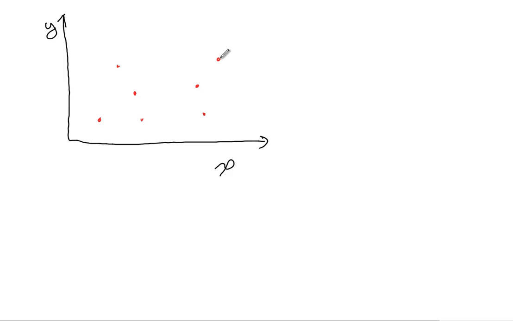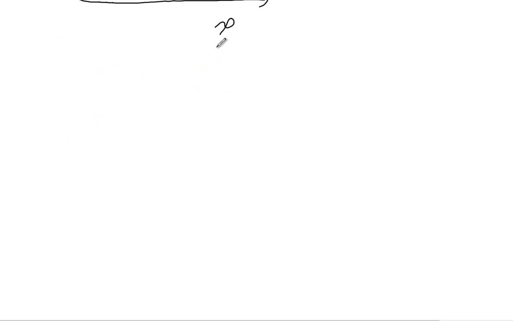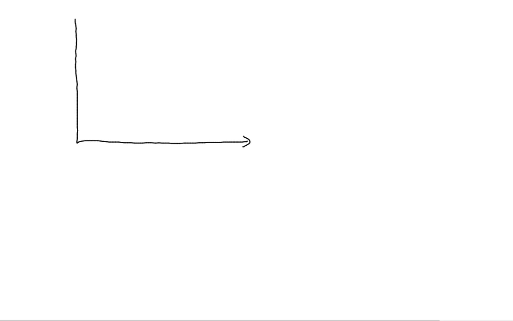Now each scatter plot is going to be a little bit different, and the scatter plot can help us determine whether there's a relationship between the two variables or not. So let's look at a couple of those. The first one I'm going to draw, here's our y-axis and our x-axis.